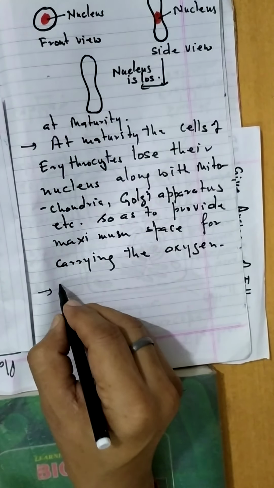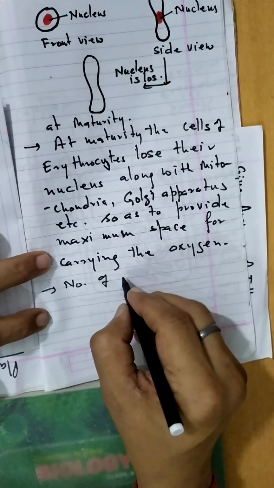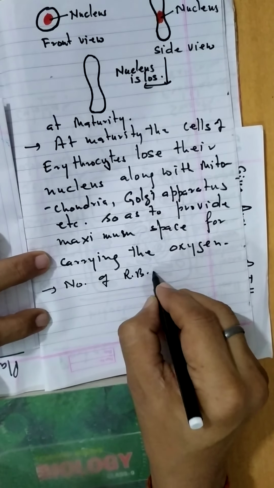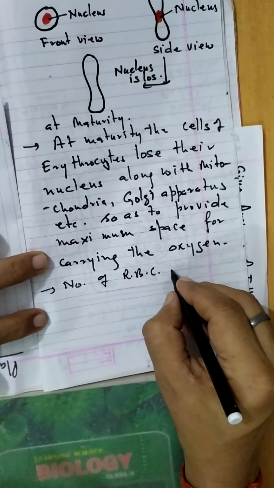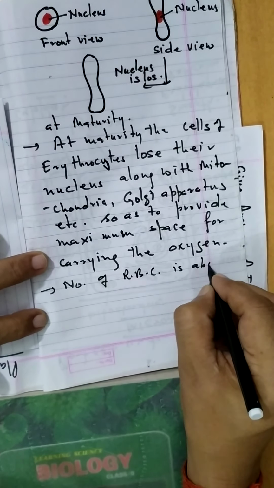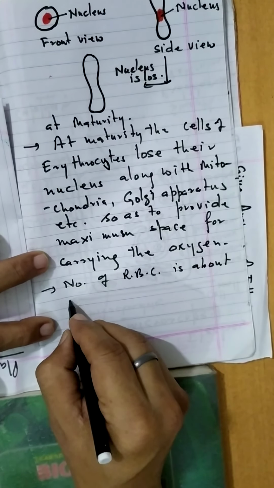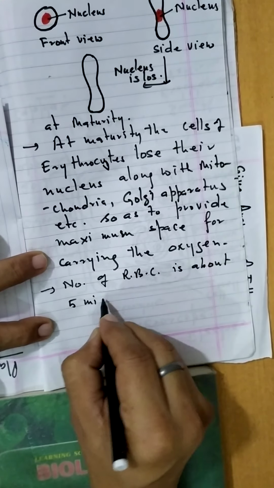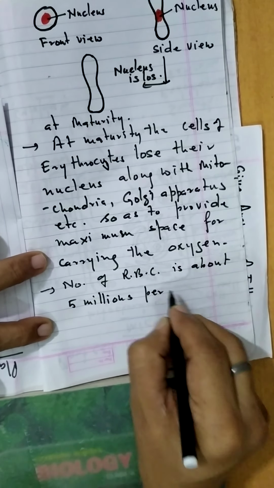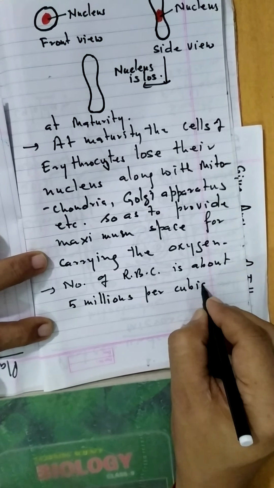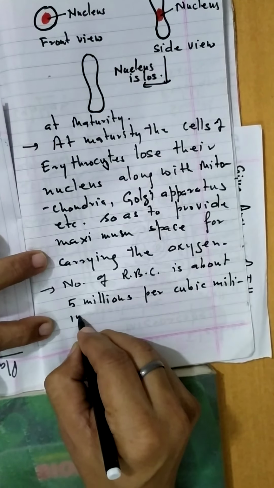The number of RBCs or erythrocytes is about 5 million per cubic millimeter.